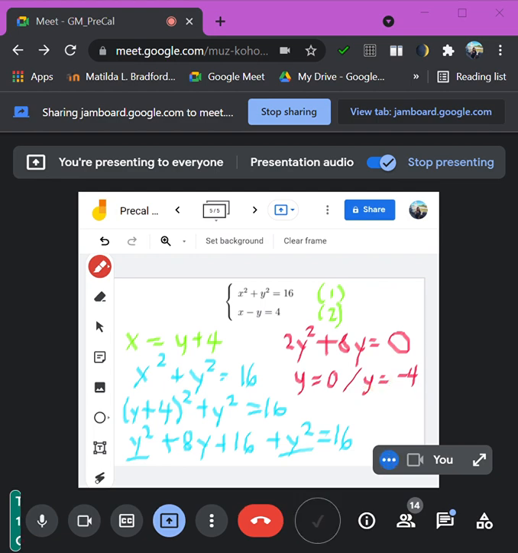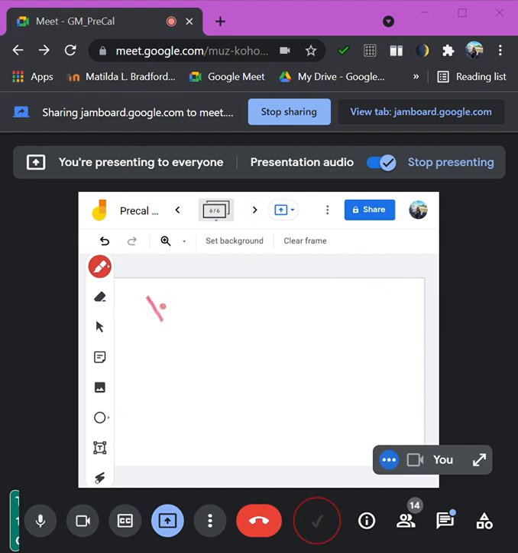So, we have already gotten our y. So, what we will use is x is equals to y minus, I mean, x is equals to y plus 4. So, substitute now. We have two values for y, 0 and negative 4.